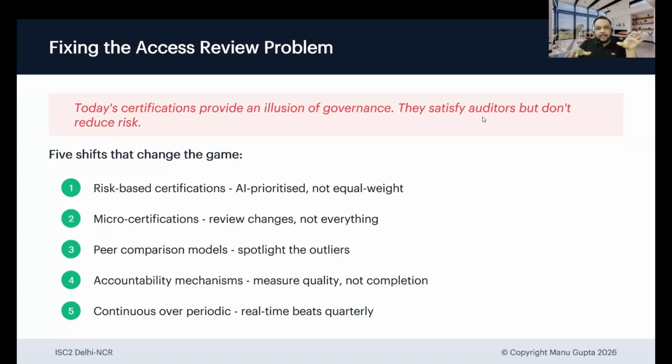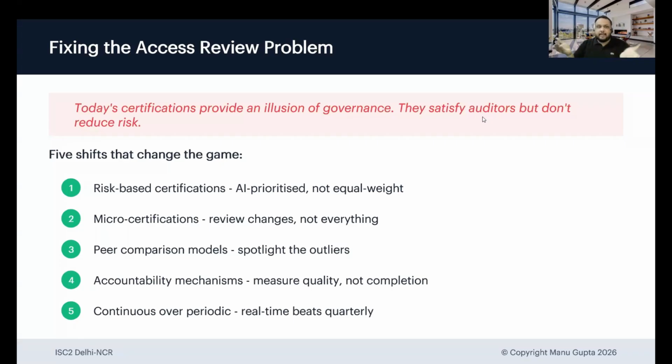Third is rubber stamping, as we talked about earlier, and the fix is basically a combination, right? You bake in risk-based certifications using AI, which we earlier discussed. There can be a concept of micro certifications that focus only on the changes, right? And we have done this for a client recently. Rather than looking at everything, only that delta, right?